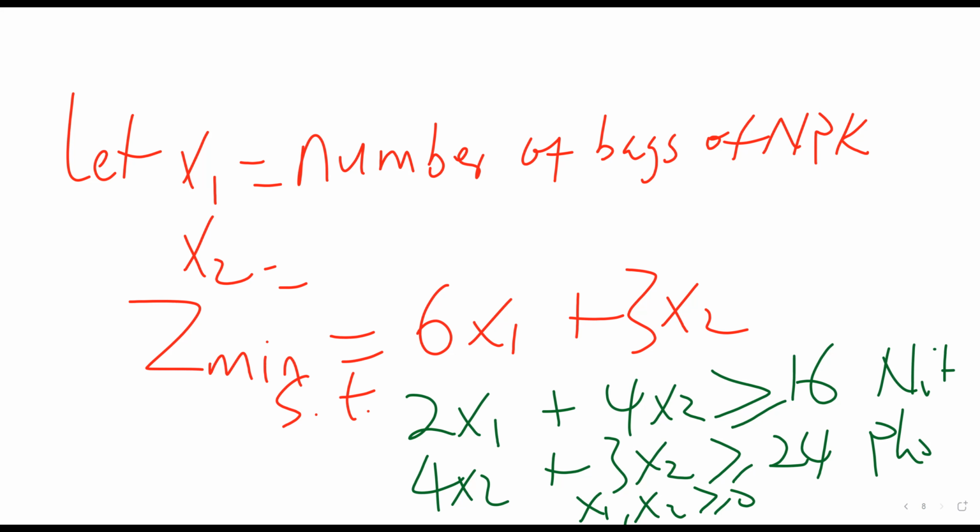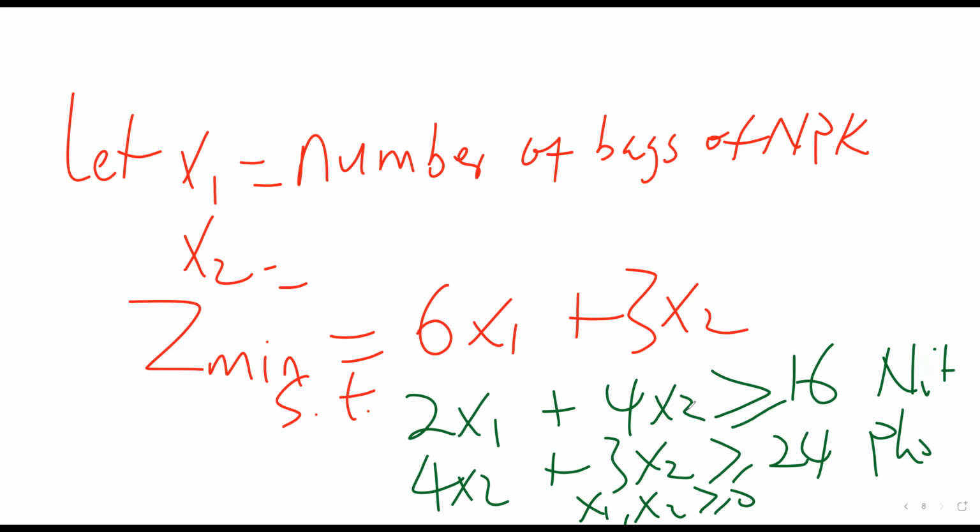So you need to be able to understand what is happening here. That's the actual nitrogen that was used. The actual nitrogen that was used to produce the NPK and urea here is 2x1 plus 4x2.